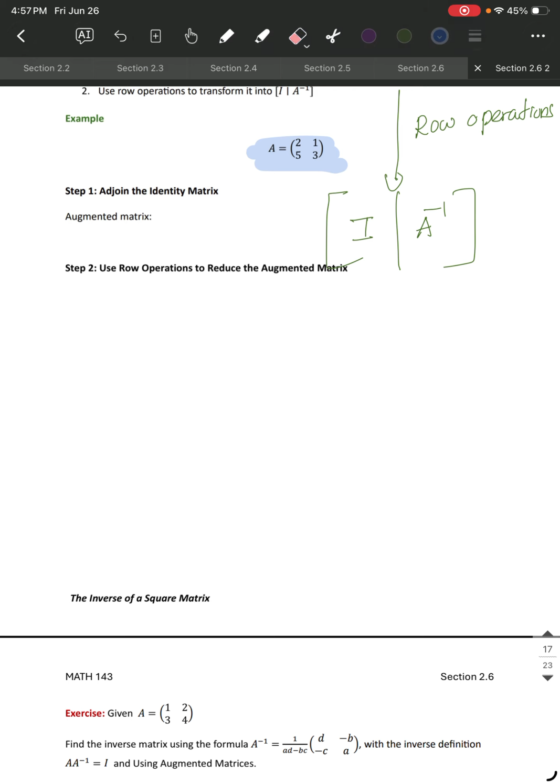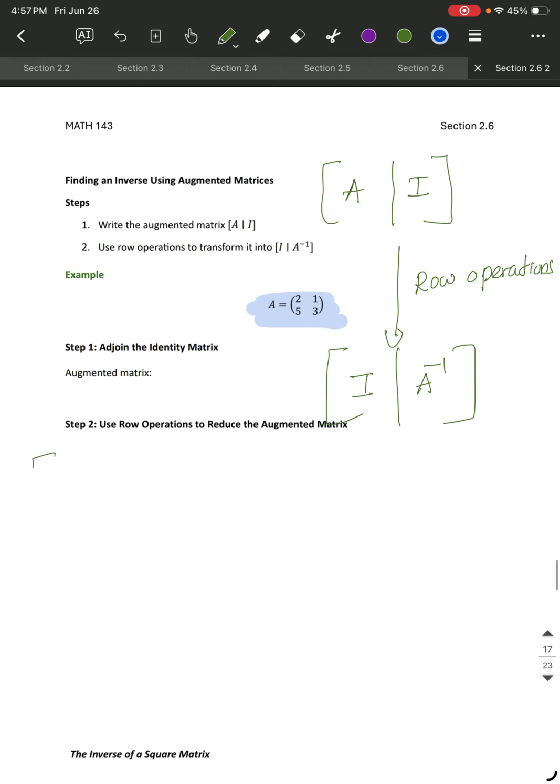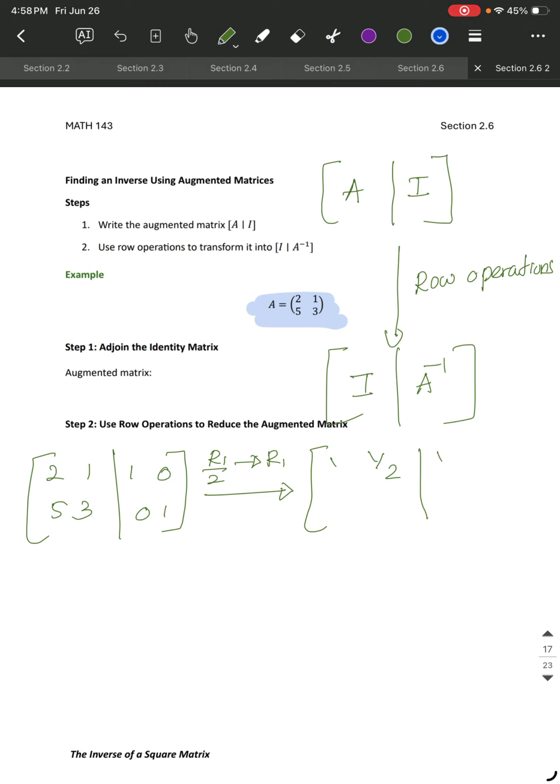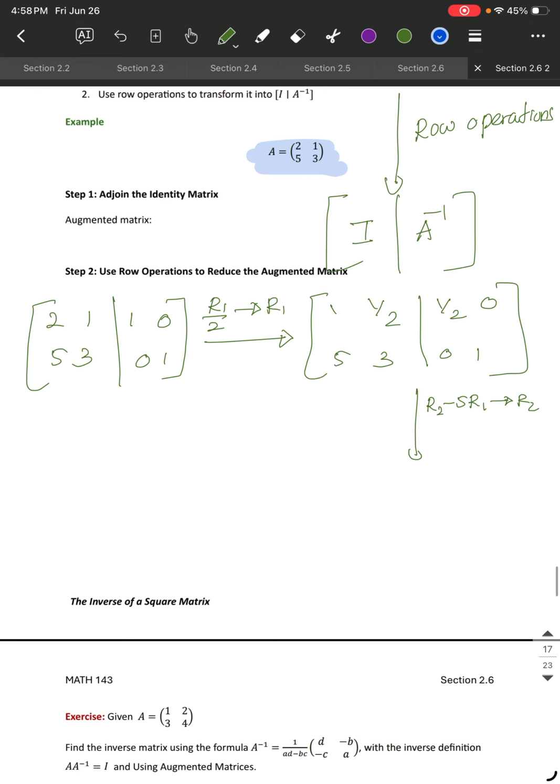So let's start with writing this A, 2 1 5 3, and that corresponding 2 by 2 identity matrix. Do the row operations. Check the answers by yourself.